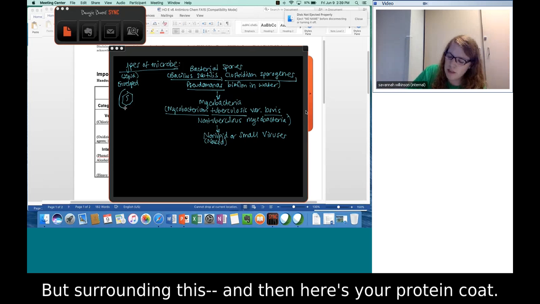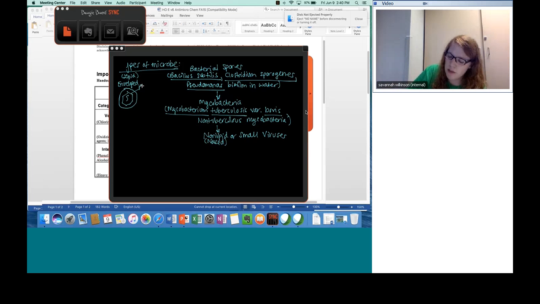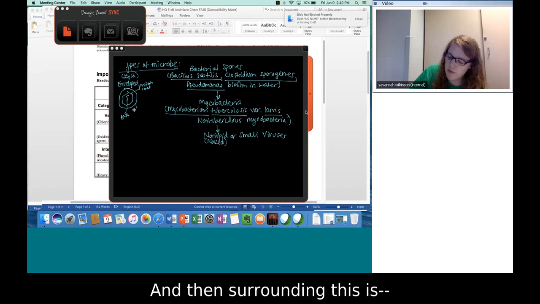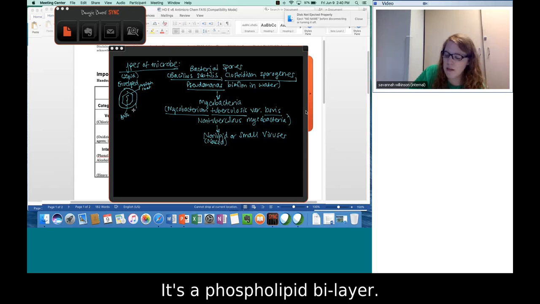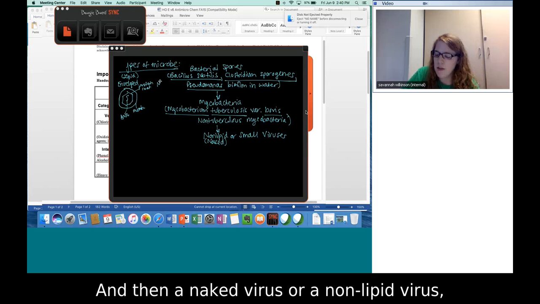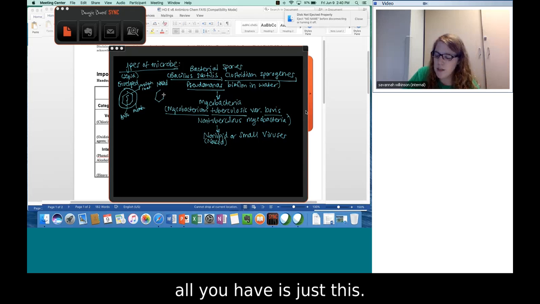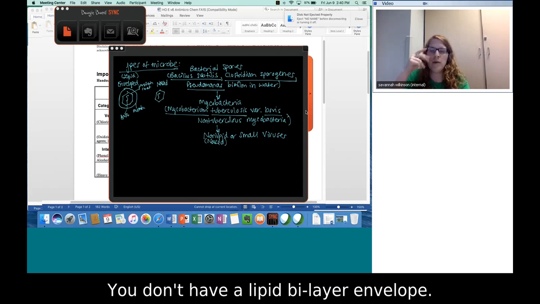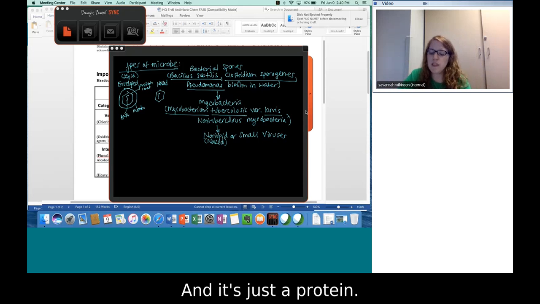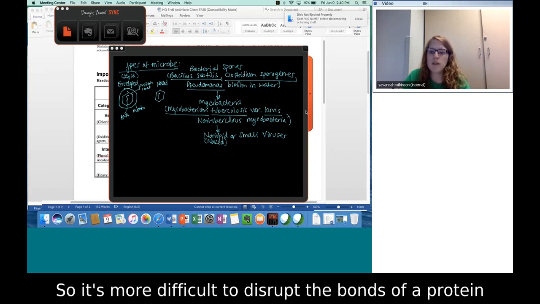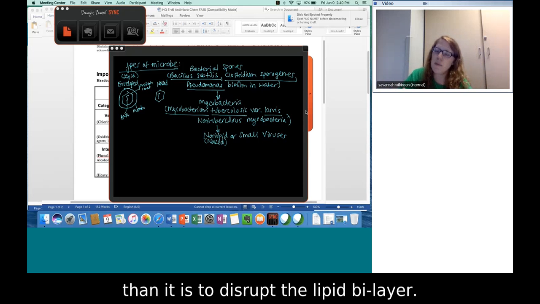But surrounding this, and then here's your protein coat. This is the DNA. But then surrounding this is a membrane. It's a phospholipid bilayer. And then in a naked virus or a non-lipid virus, all you have is just this. You don't have a lipid bilayer envelope, and it's just a protein, so it's more difficult to disrupt the bonds in the proteins than it is to disrupt the lipid bilayer.